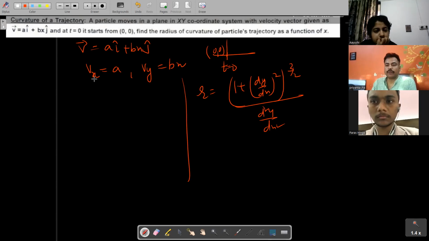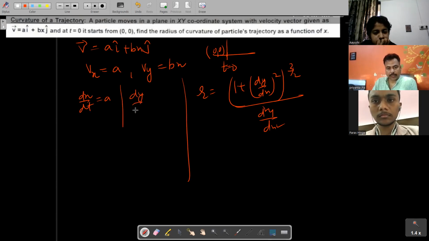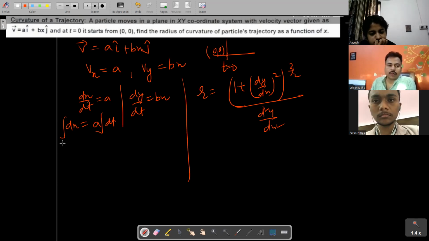So vx is dx by dt, and vy is dy by dt. From here you can see dx is a into dt. Integrating, a is constant so it will come out, from 0 to x and from 0 to time, because it has started motion at t equal to 0. So this is x equal to a into t.